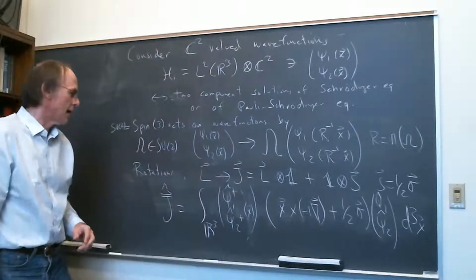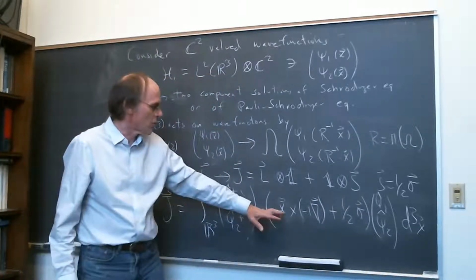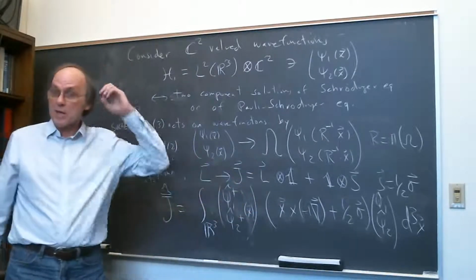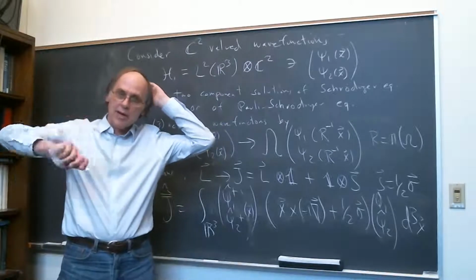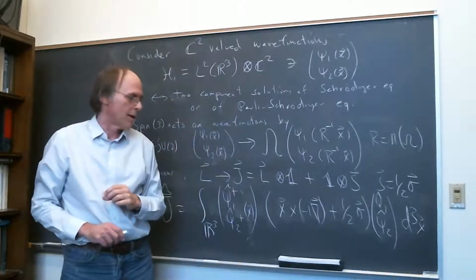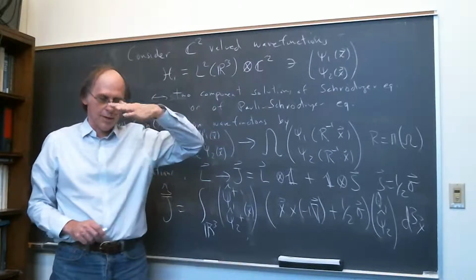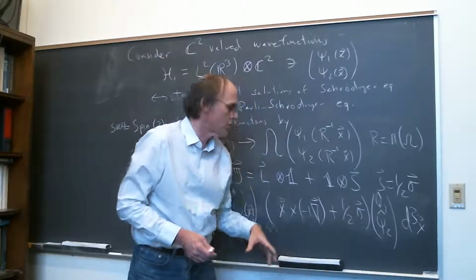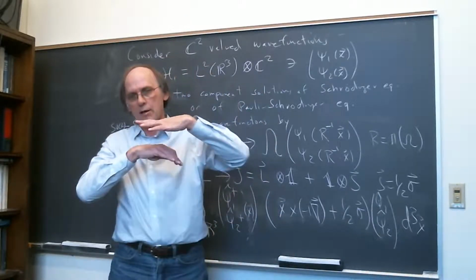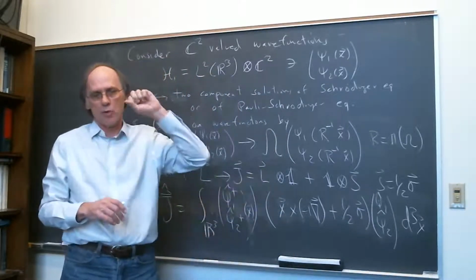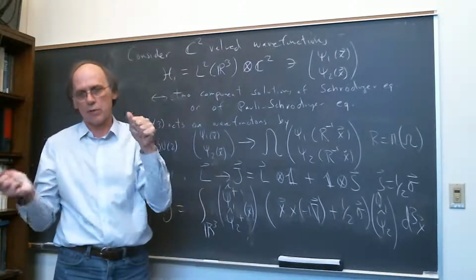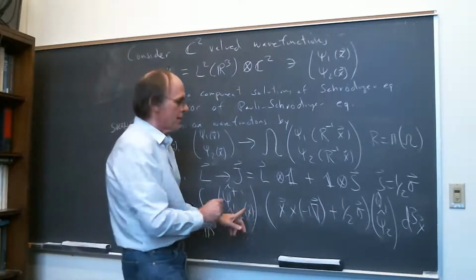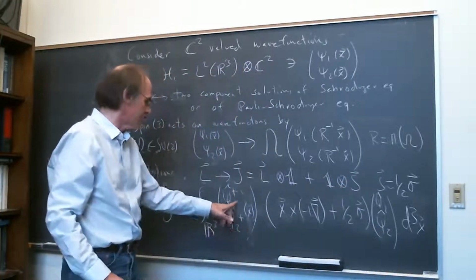If you go back and ask what's the story about irreducible representations of E3 or of this double cover of it, I said that the spin 1/2 actually gives you 2 irreducible representations of E3 tilde, one with positive helicity 1/2 and one with negative helicity 1/2. But the problem is, this formalism isn't very good for this.